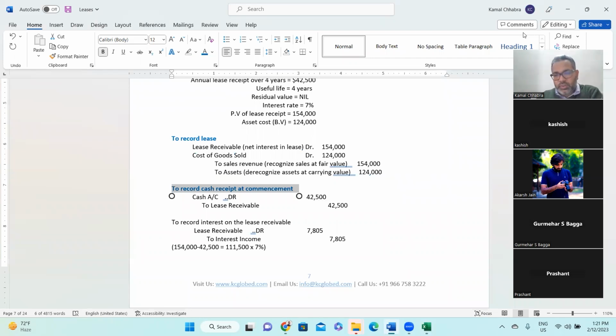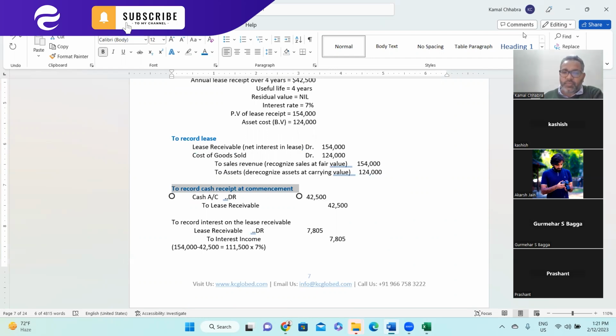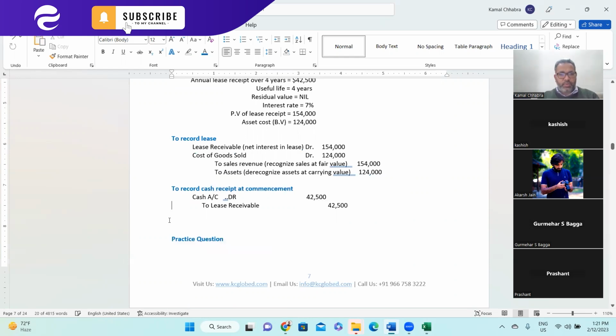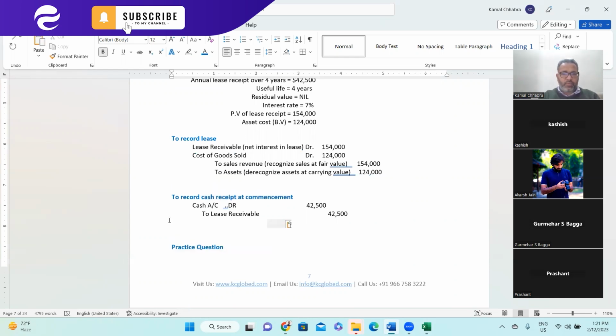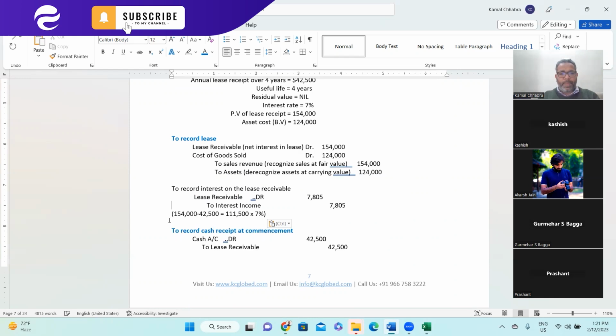In this 42,500 of cash which you are receiving, we have two components. One is the present value of the receivable, and the second is the interest component, right? That interest component needs to be added first. So this is my mistake. This entry should go first. First you need to book the interest, which is 7805.